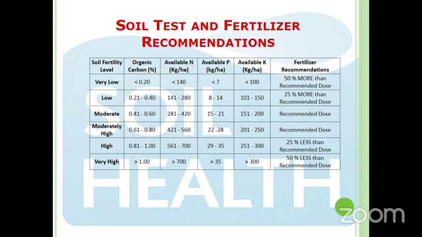So we need to not only provide the growing crop with the required nutrients, we also need to provide the soil so that the balance of nutrients in the soil is maintained with the help of fertilizer application.